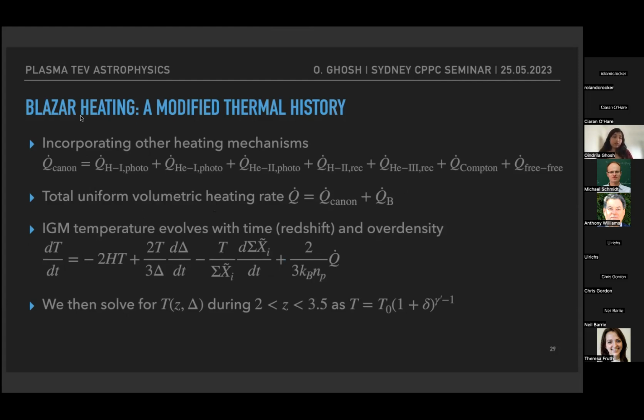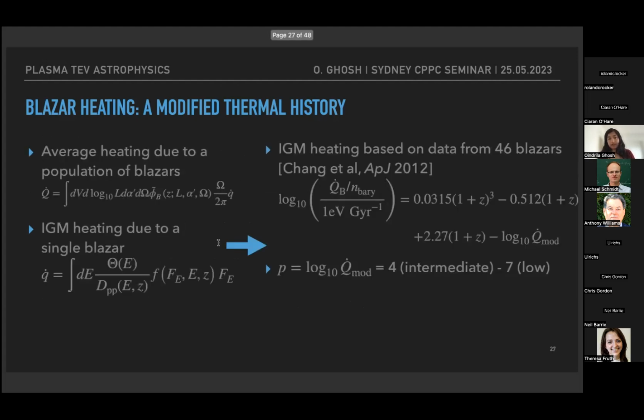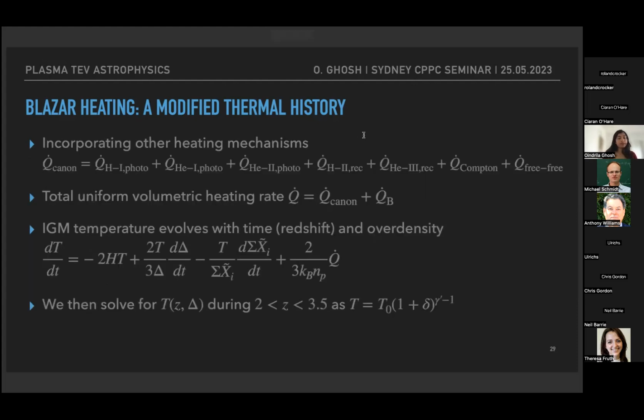And this I call here Q dot canonical. And the total uniform volumetric heating rate could then be the sum of these canonical heating terms plus this blazar heating term that we take from this fit from 46 blazars.